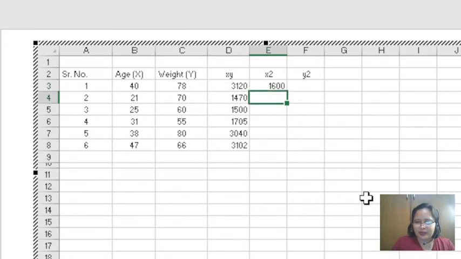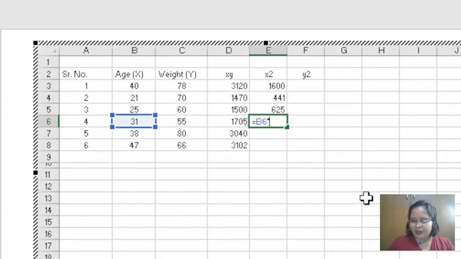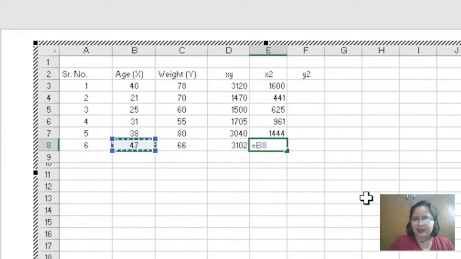Same, we have to multiply it by itself. Next, 25 times 25, and then 31 times 31, 38 times 38, and then 47 times 47.